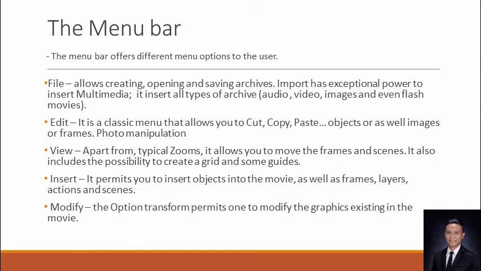It is a classic menu that allows you to cut, copy, paste. View basically is for you to zoom in or zoom out your image. Insert. It permits you to insert objects into the movie.